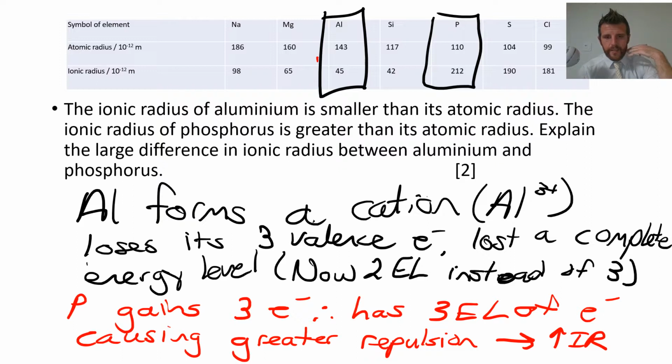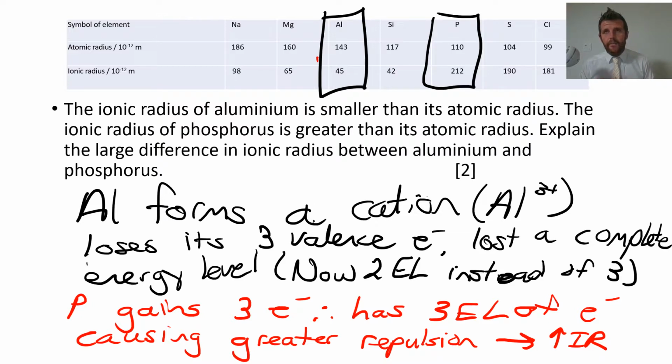So it's just the idea that since aluminum's got 3 valence electrons, and since the atomic radius of aluminum is large, it's not able to hold on to those 3 valence electrons with much force.